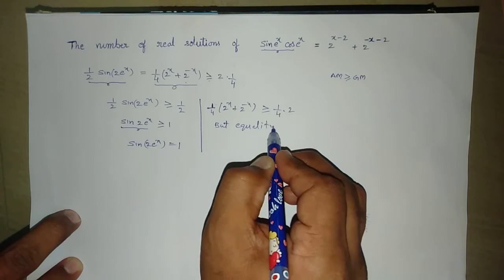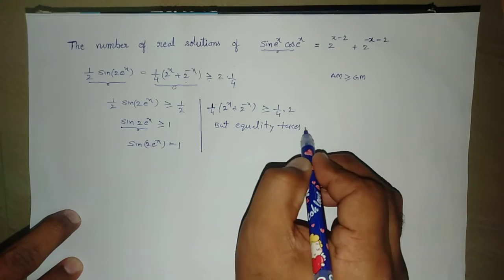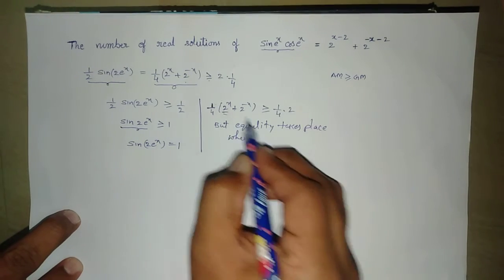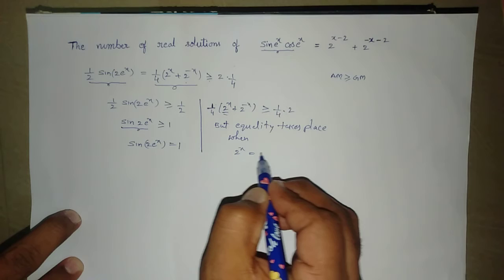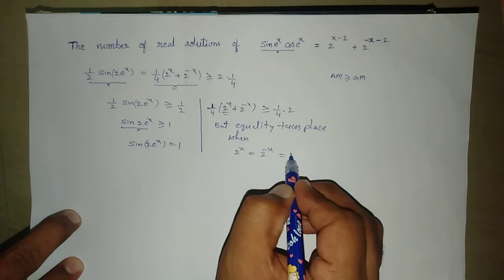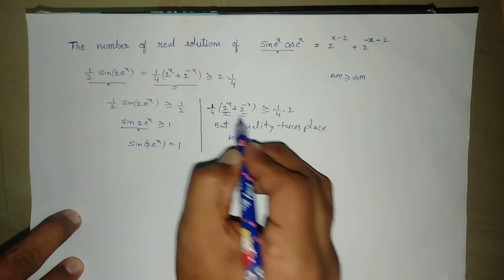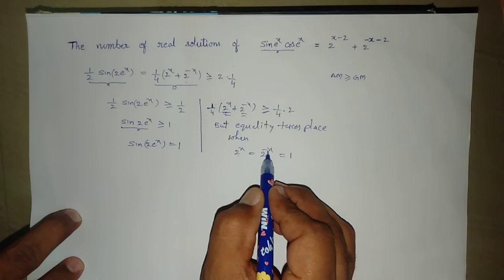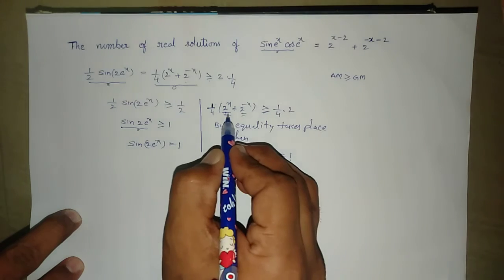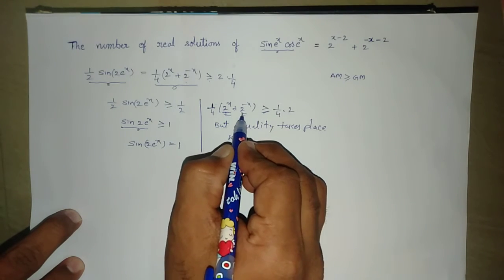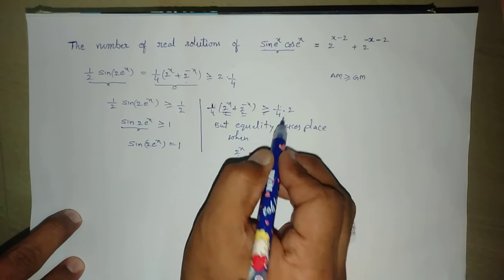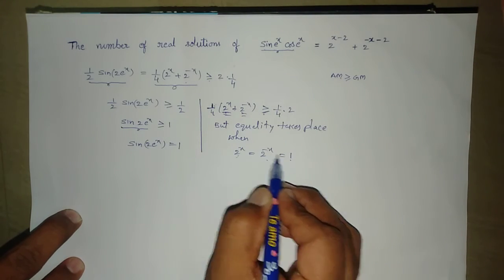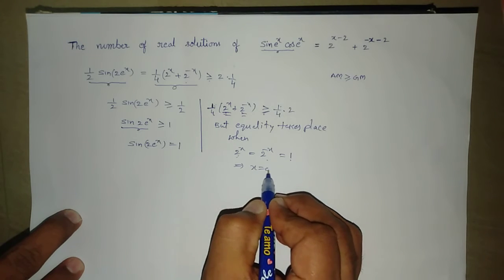Equality takes place when 2^x should be equal to 2^(-x) should be equal to 1. Both values should be equal, then only you get the equality here. 2^x equal to 2^(-x) equal to 1, both should be equal to 1, then 1 plus 1 will become 2, 2 into 1 by 4 equal to 2 into 1 by 4, then equality will arise. But 2^x equal to 2^(-x) equal to 1 implies x must be 0.